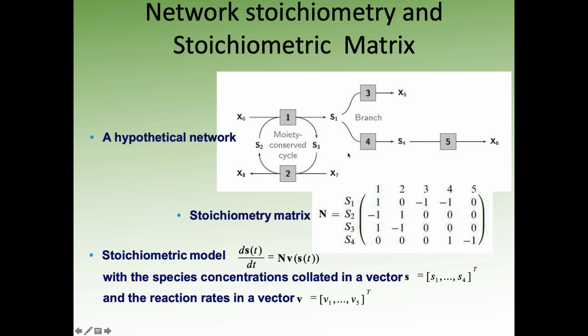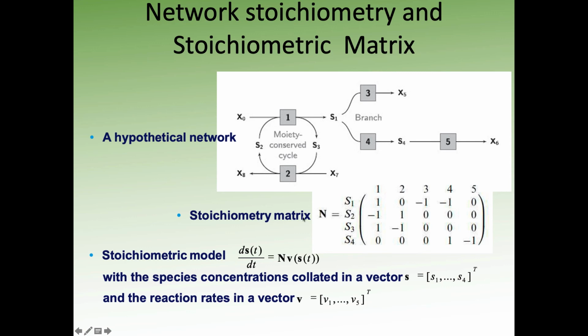And what they show are the different players that we might see in these types of reactions. If this is our hypothetical network, we've got our different reactions at each of these different cases. We have our different metabolites, 1, 2, 3, 4, and 5.